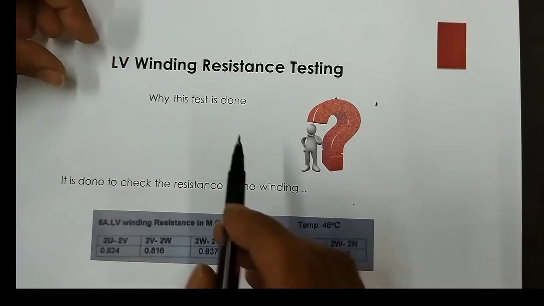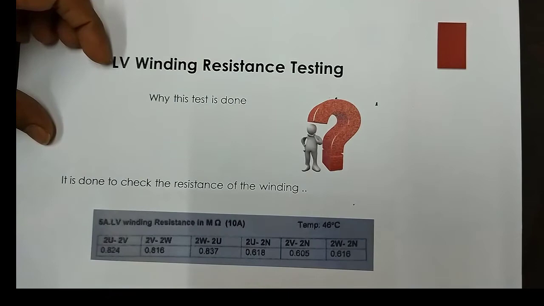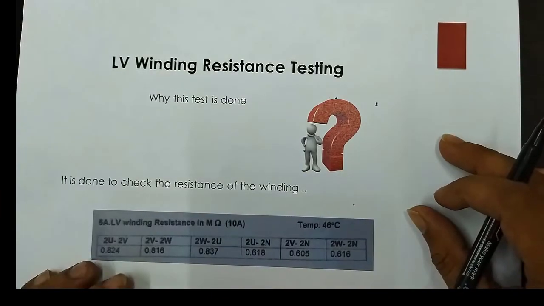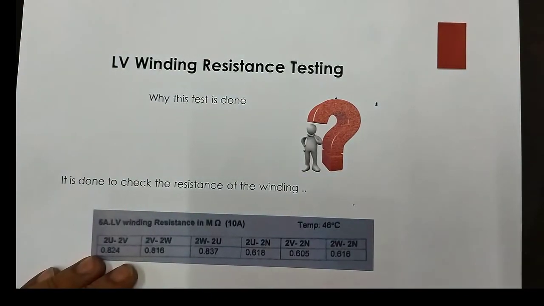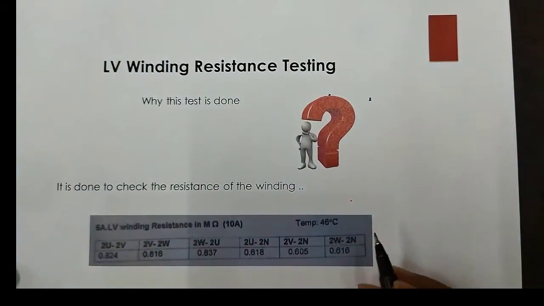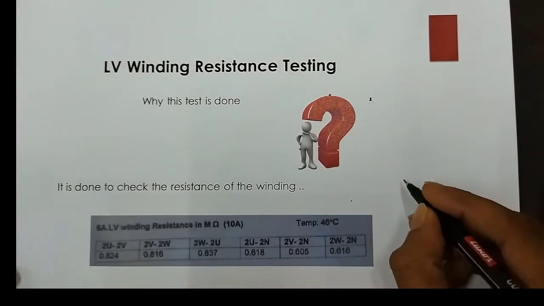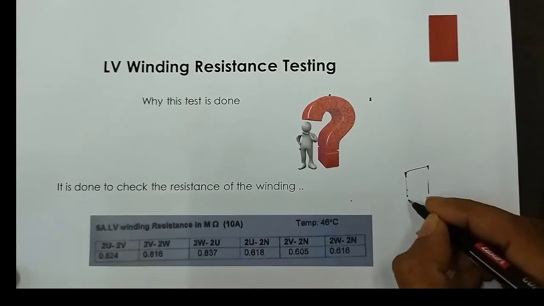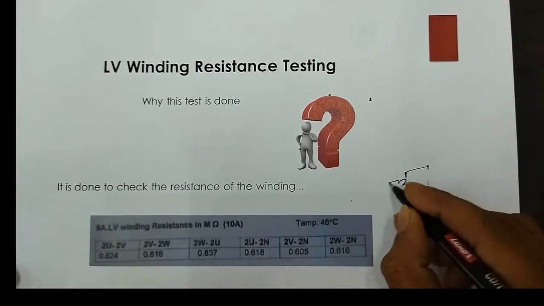As you can understand from the name, this test is done to check the resistance of the winding on the LV side. For the winding resistance test, you need a device by which you can give a 10 ampere constant supply.